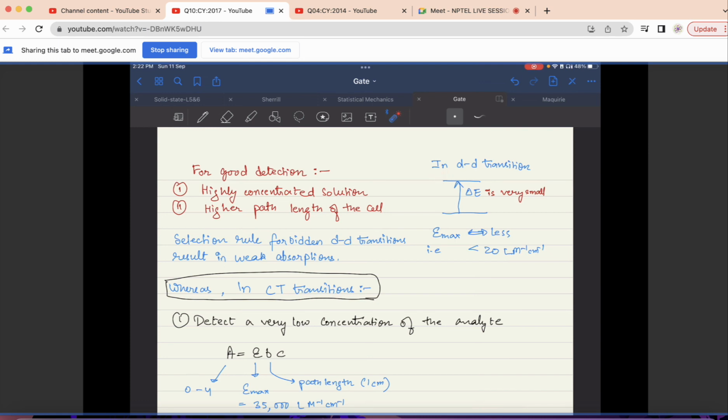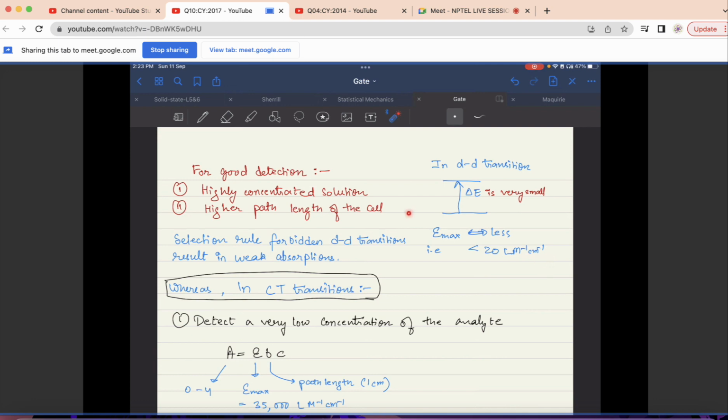But in the case where only dd transition is happening, we see that the delta E is very small for the transition to take place. So when the delta E is very small, the epsilon max value is also very small, less than 20 liter molar inverse centimeter inverse.